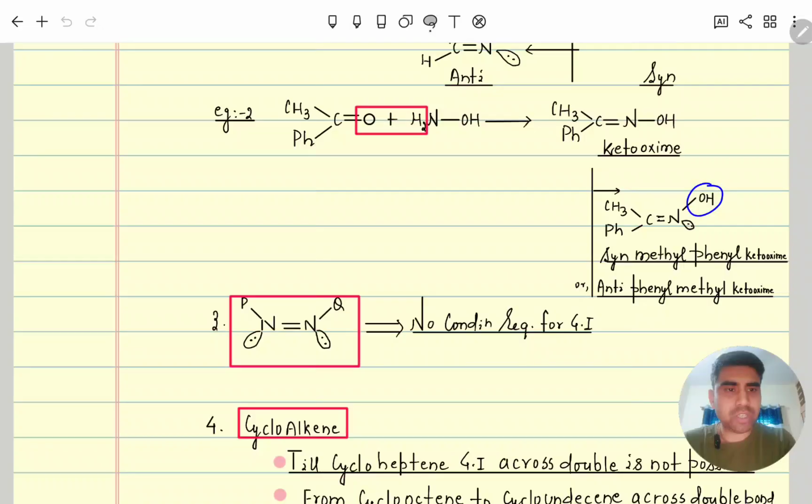In that, OH is on the same side as CH3. So while writing the name, it will be syn methyl phenyl ketoxime. No need to write anti-phenyl because by default it will be anti. If CH3 is on the same side as OH, it is syn methyl phenyl ketoxime, or anti-phenyl methyl ketoxime.